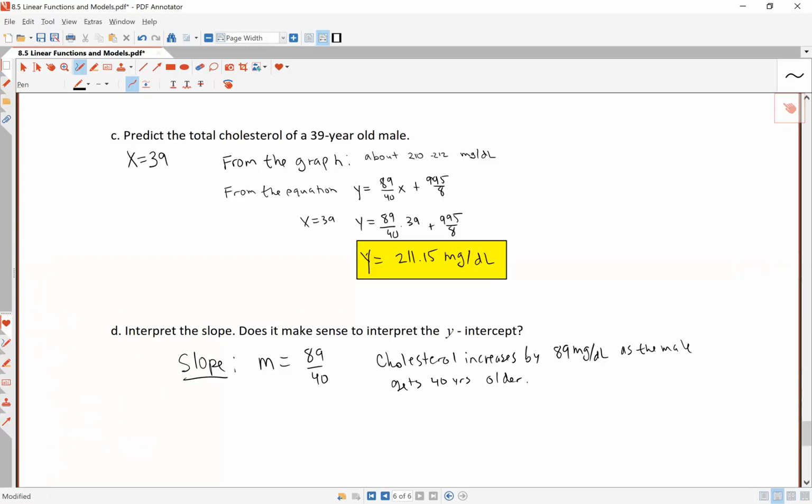In this case, it's probably more suitable to say that 89 over 40 is 2.225. So each year, the cholesterol goes up by about 2 milligrams per deciliter.